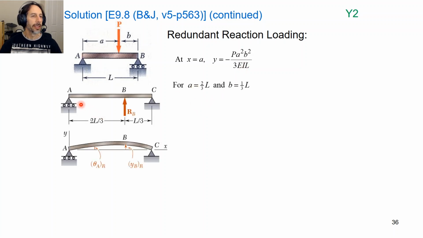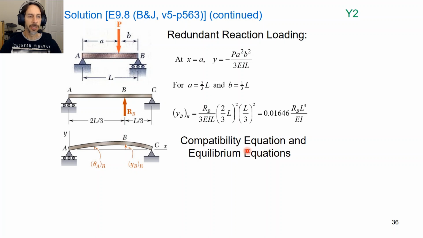A here will be equal to 2/3 L, B is equal to 1/3 L, so we can put those into this equation and solve for this vertical deflection here. Right, so that gives us an equation that includes our unknown reaction force RB.